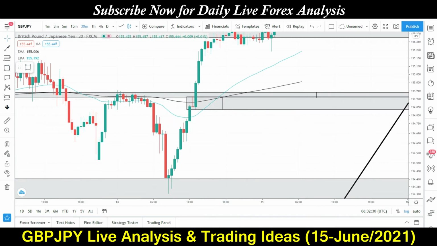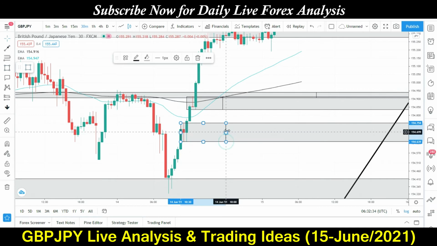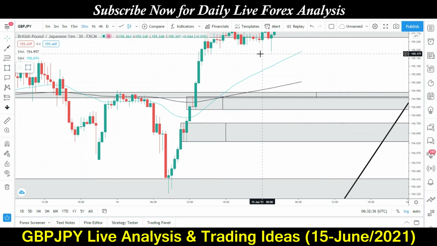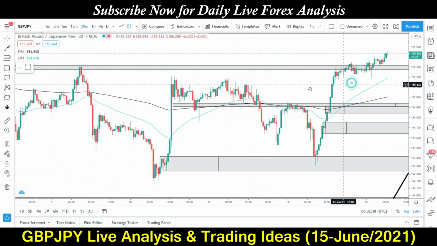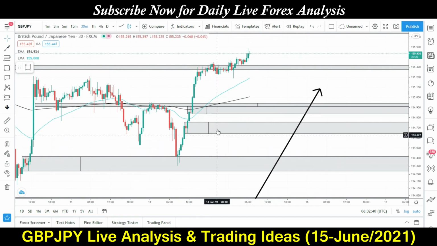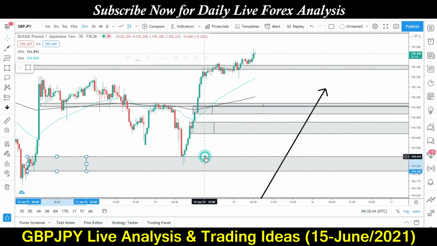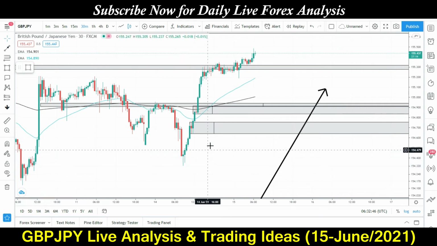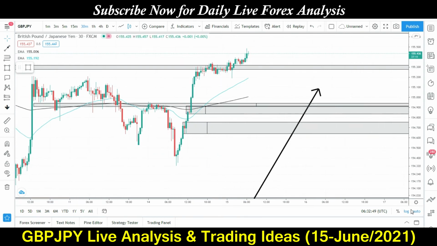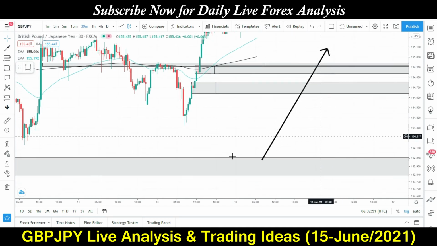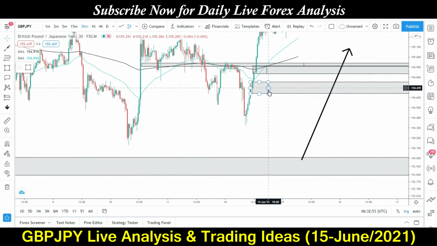We have another demand area, so let's see which demand area will work. So basically we are looking for a buy trade in 1, 2, and I think we should remove this area now. So basically we have 3 demands, 1, 2 and 3.